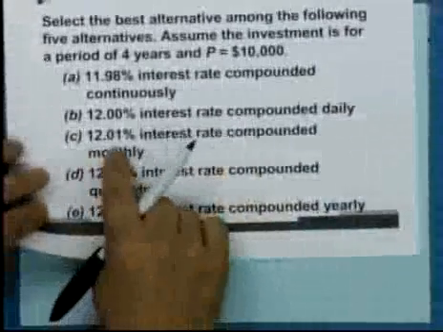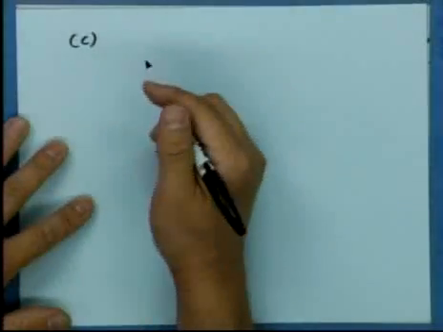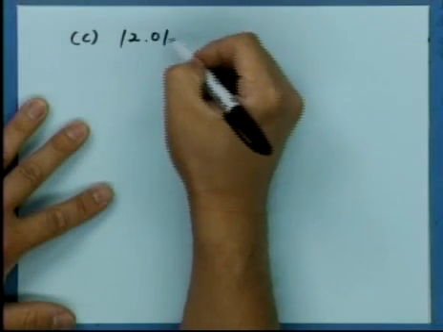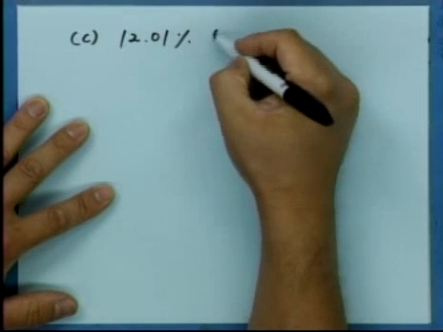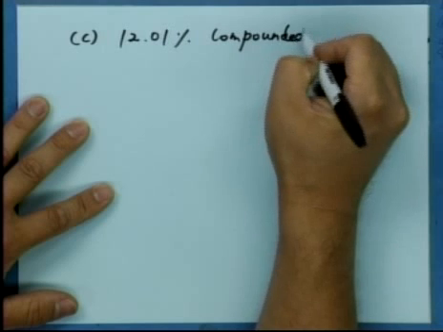That is about 12.01% interest rate compounded monthly.